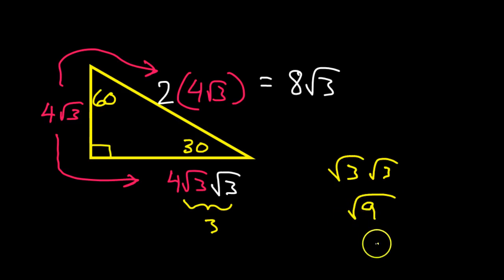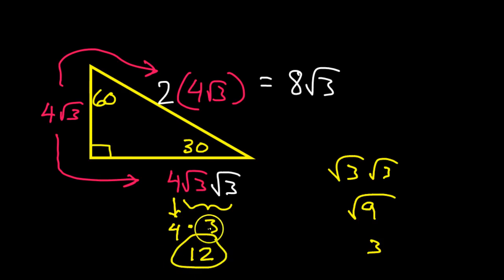And of course, the square root of 9 is 3. So anyway, radical 3 times radical 3 is 3. And then we still have the 4 that I just bring down. So this winds up being 4 times 3, which turns out to be 12. So the long leg turns out to be 12.